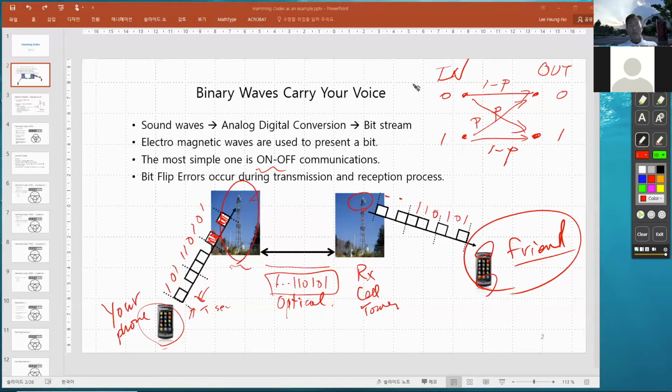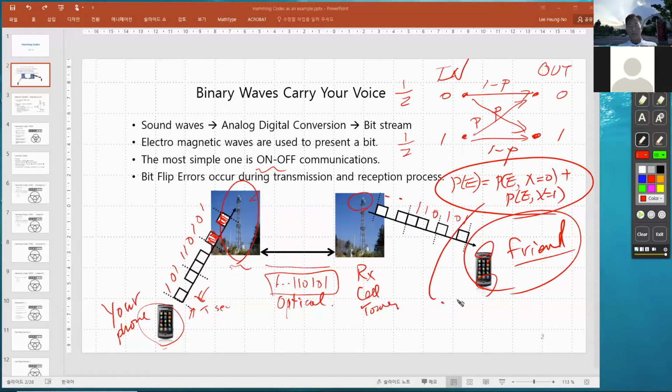Then you send your 0 bit with the probability of half, 1 bit with the probability of half, then the probability of error, which is the probability of error given that at the input you send 0 plus the probability of error given 1. Okay, so that's the probability of error.